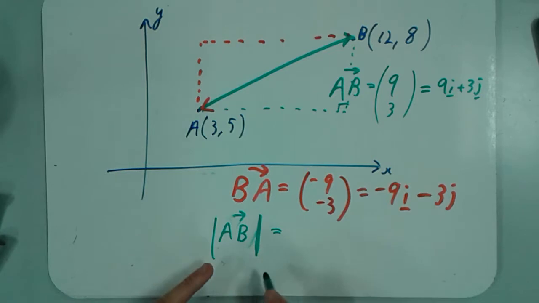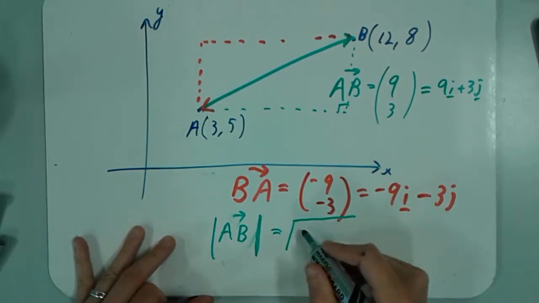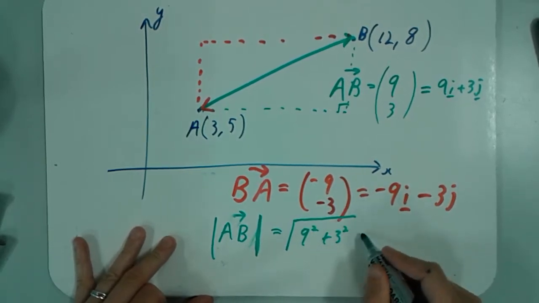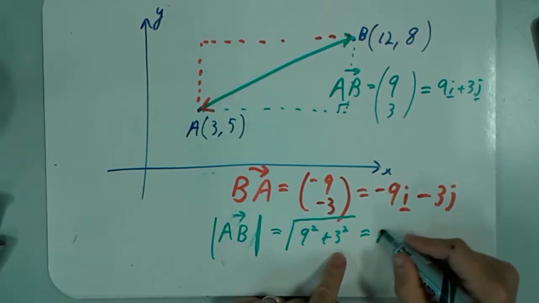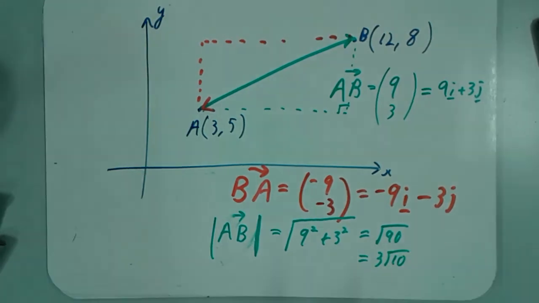That's what we call the magnitude of the vector, or its length. Just Pythagoras' theorem, 9 squared plus 3 squared. That's going to give us 81 plus 9, root 90, or 3 root 10.